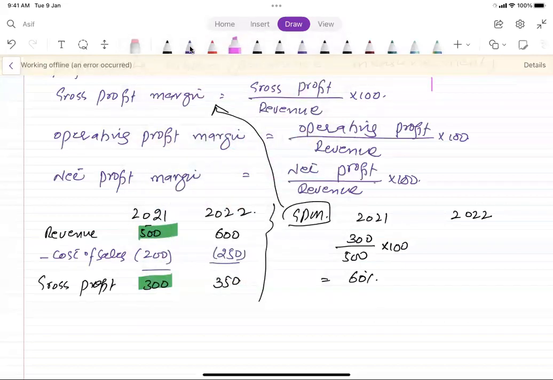Now let's move to 2022. What is gross profit? 350. What is the revenue? 600. Let's put them into the formula: 350 divided by 600 multiplied by 100. The answer is 58.3%.